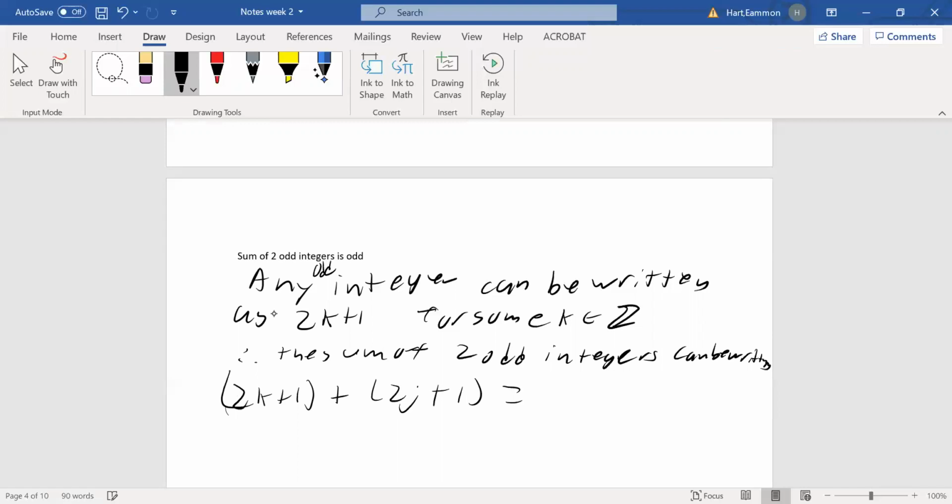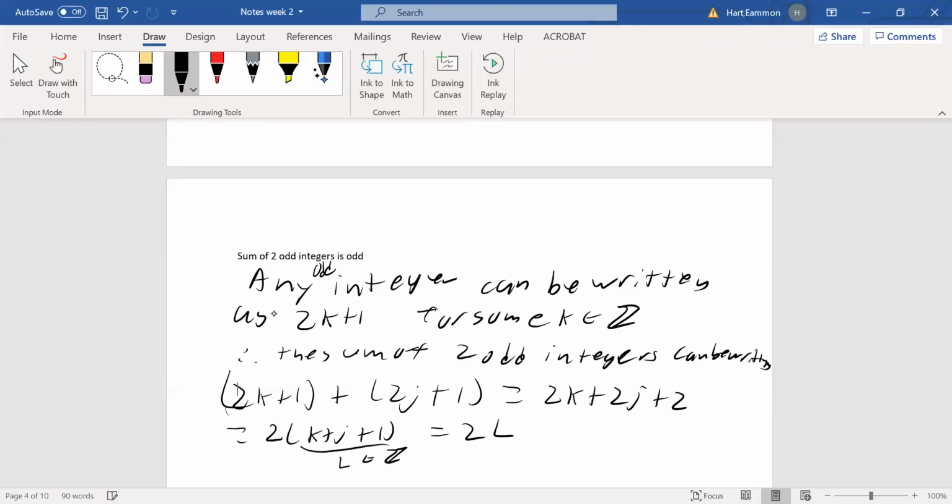And that's going to be equal to 2k plus 2j plus 2. So that's going to be equal to 2 times k plus j plus 1. This guy right here, the sum of 3 integers, is going to be an integer, and can be written as L in the integers.